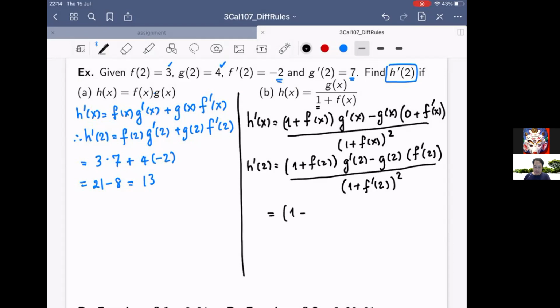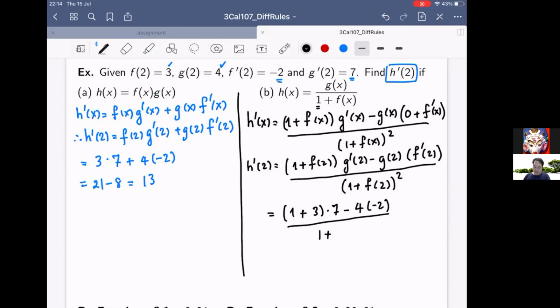So we have 1 plus f at 2 is 3, g prime at 2 is 7, g at 2 is 4, f prime at 2 is -2, and then 1 plus your f prime, sorry, you see, this one, I copied the wrong one. Actually, this one is just f at 2, okay?